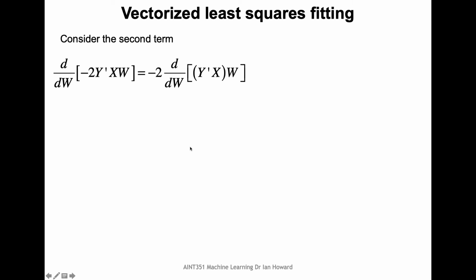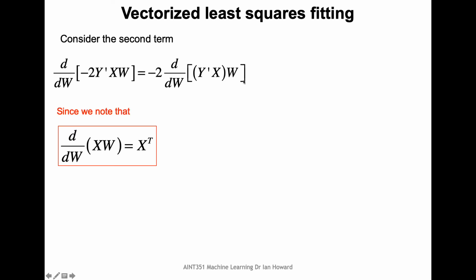Let's slightly rewrite it. We take out the minus 2 first of all, and then we want the derivative of y transpose x times w. We can use the formula for the derivative with respect to w: when we have the form xw, the derivative with respect to w goes to x transpose.